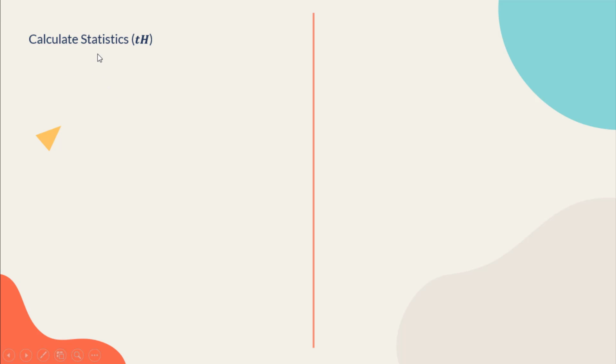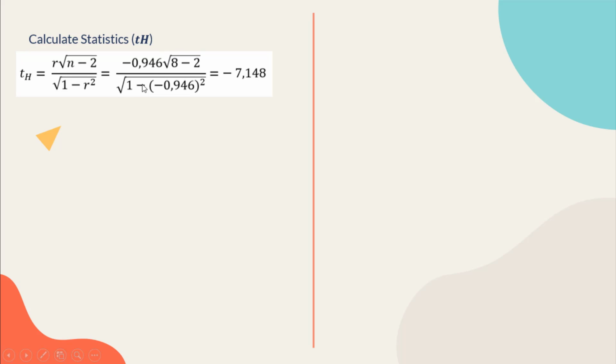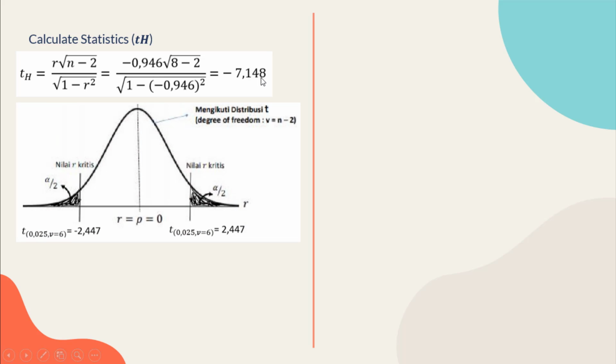So we can calculate the test statistic, t-hit. This is the equation for t-hit. So we got the result minus 7.148. Then we can use the graph to find the critical point.